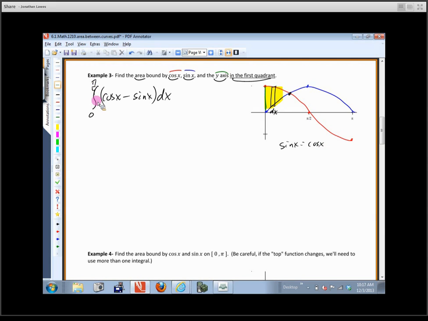So let's go ahead and figure this out. We better get a positive answer to this. And let's maybe make a rough estimate. This is 1 unit tall, and this is pi fourths. Pi fourths is about 0.7.